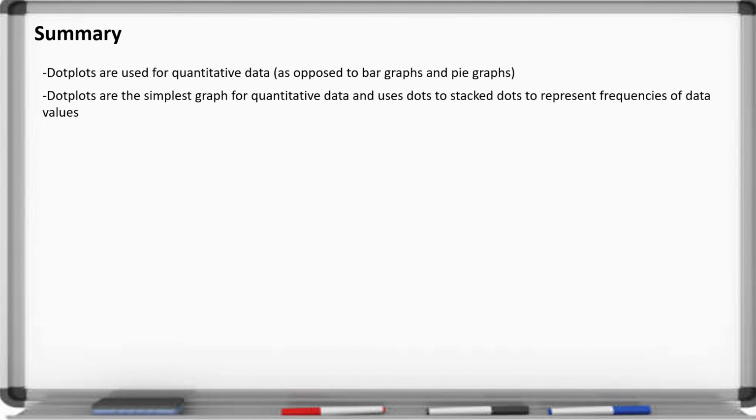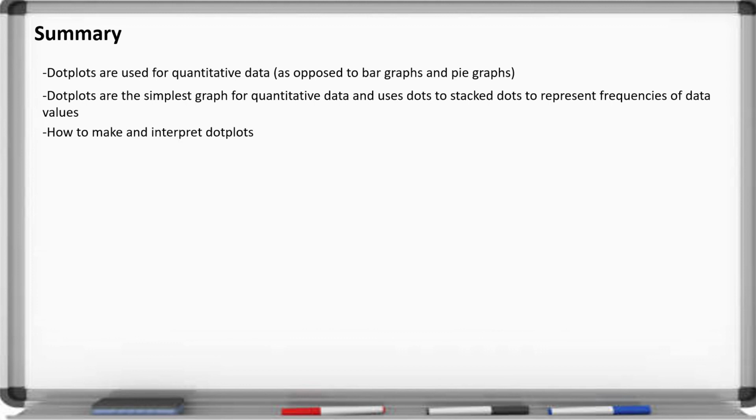All right, to summarize the lesson, we discussed dot plots, and that they're used for quantitative data only, as opposed to bar graphs and pie graphs, which use categorical data. The dot plot is the simplest type of graph for quantitative data and uses stacked dots to represent frequencies of data values.